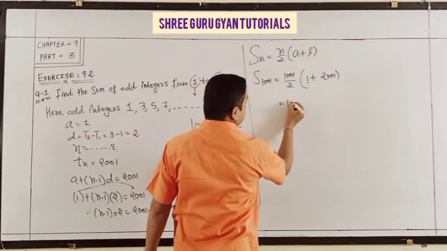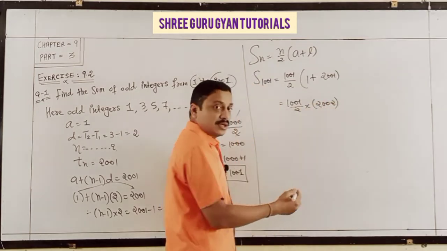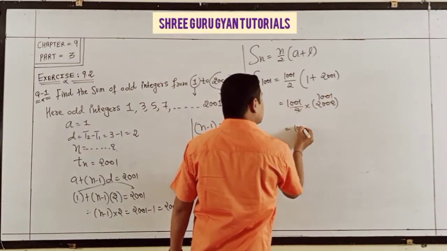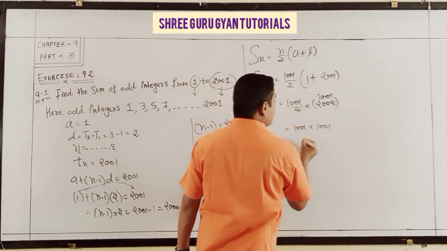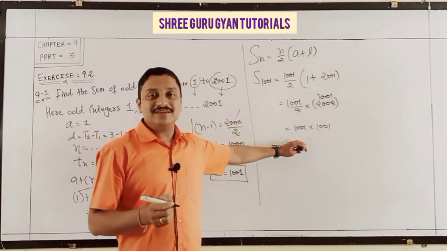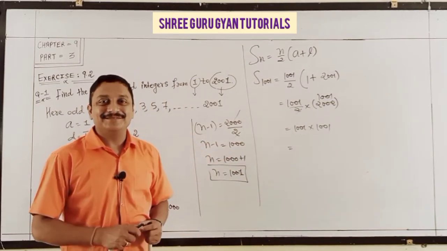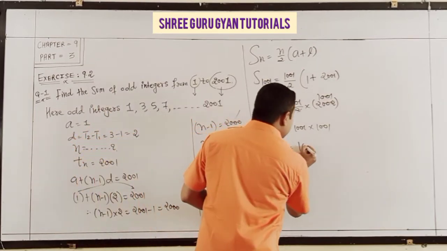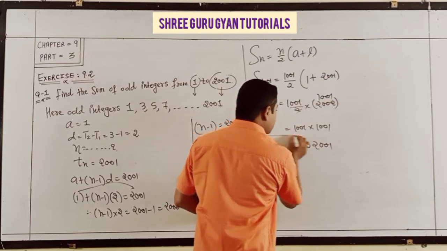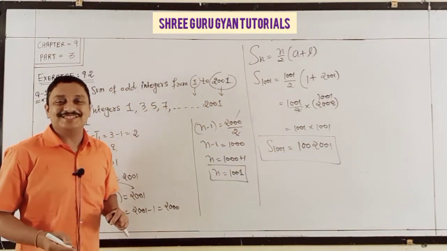So 1001 and it is 2002. Now cutting that, we get 1001. So 1001 into 1001, and here students use your calculator and you get the answer very easily. So you get 1001 squared, that's the summation of the first 1001 odd numbers.